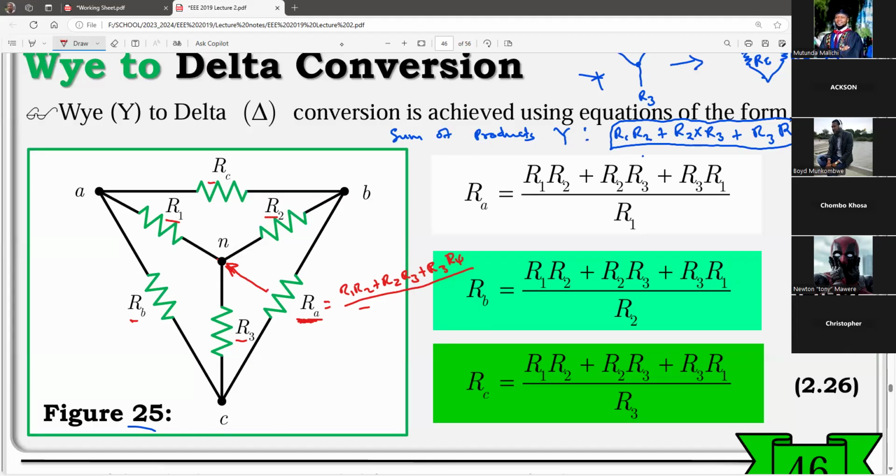If you are at RA here, what is the resistor that is not connected at all to RA? You see that it's R1. So the denominator here will be R1.